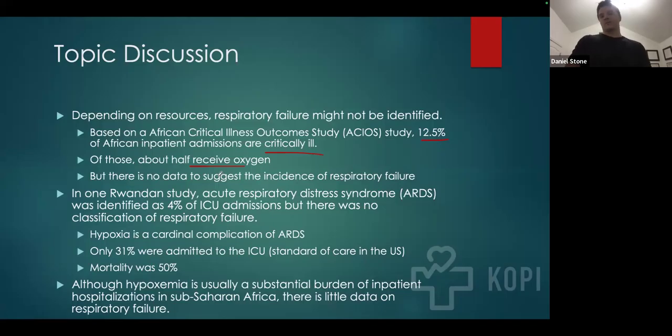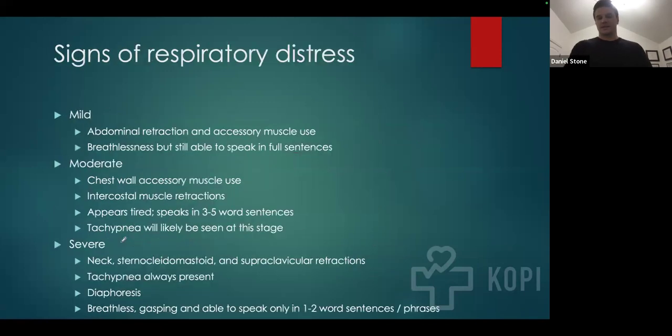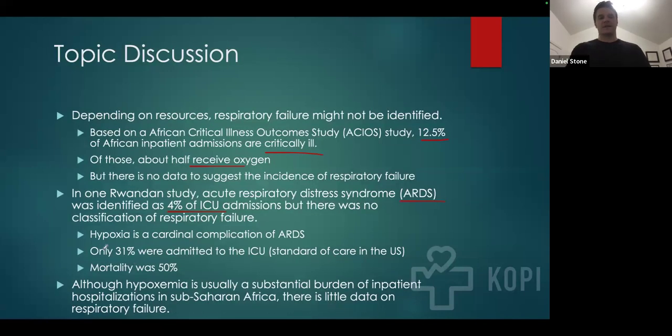In one Rwandan study, there was a suggestion that probably about 4% of ICU admissions had ARDS, which is a very classic pulmonary disorder that causes hypoxemia. ARDS is basically non-cardiogenic pulmonary edema with degrees of hypoxemia, and there are certain ways to grade it. But hypoxia is a cardinal symptom of it.